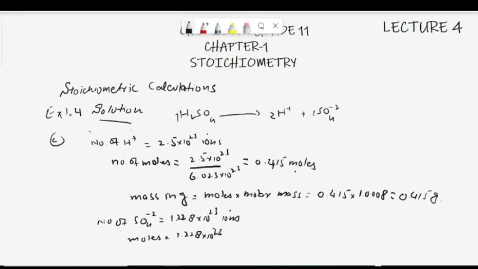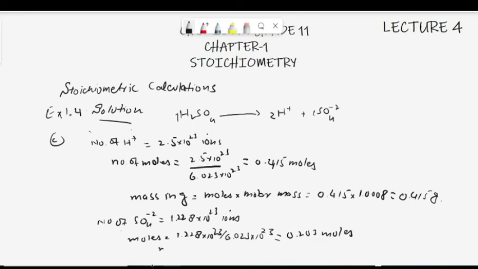So 1.228 into 10 to the power 23 divided by 6.023 into 10 to the power 23. This is equal to 0.203 moles.